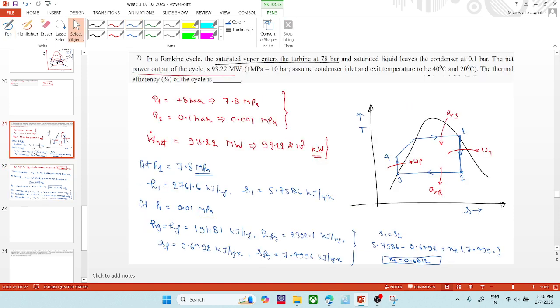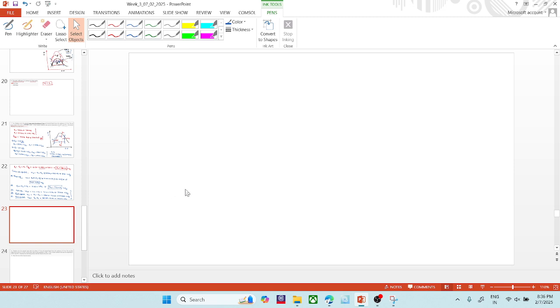In the first problem, they have asked for the thermal efficiency, or the cycle efficiency. The thermal efficiency would be the network divided by the heat supplied.